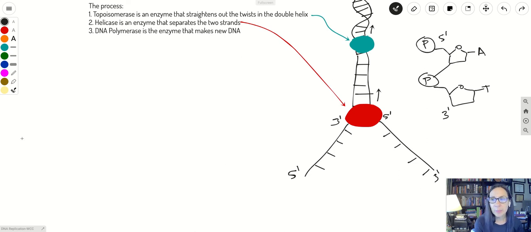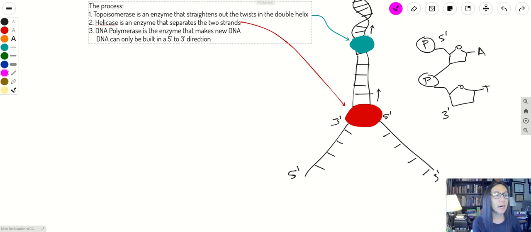So the DNA polymerase can only build new DNA from a 5 prime to a 3 prime direction. Okay, I'm going to write that in the notes because this is an important point. DNA can only be built in a 5 prime to 3 prime direction.